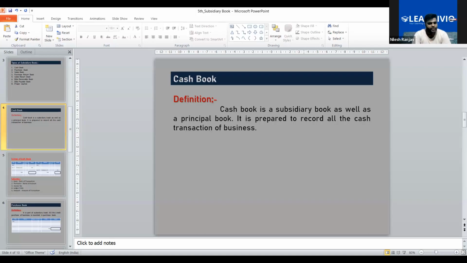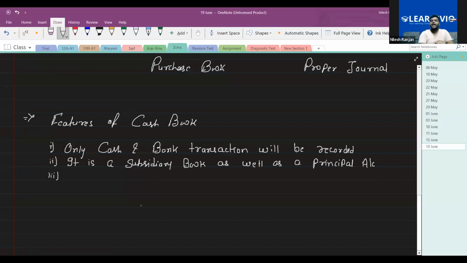If we talk about features, then let me show you. Only cash and bank transactions will be recorded in cash book. Cash and bank transactions both. Okay, we will discuss this in the next part. But you have to remember that cash and bank transactions both will be recorded in cash book. It is a subsidiary book as well as a principal account or principal book, you can say.